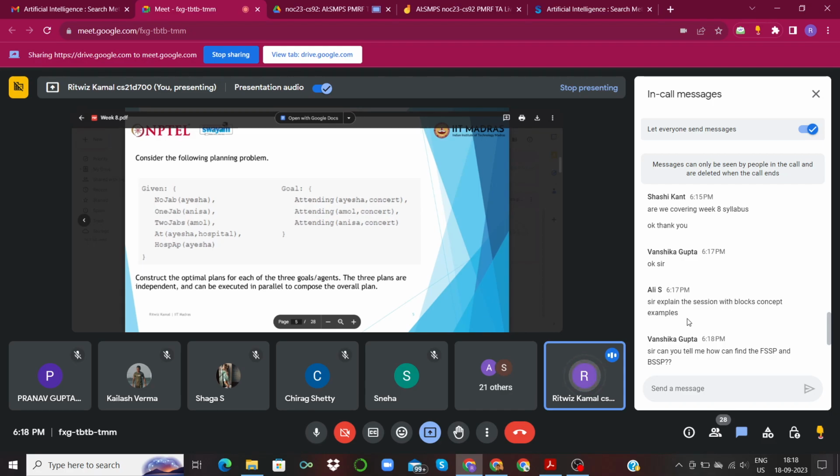Since we already have one example problem setting that we are dealing with, which is this getting jabs of vaccines and attending events example, let's go ahead with that for the time being. And if there is some specific thing that you would like me to discuss, maybe towards the end of the session or in the upcoming session next week, let me know through the discussion forum.